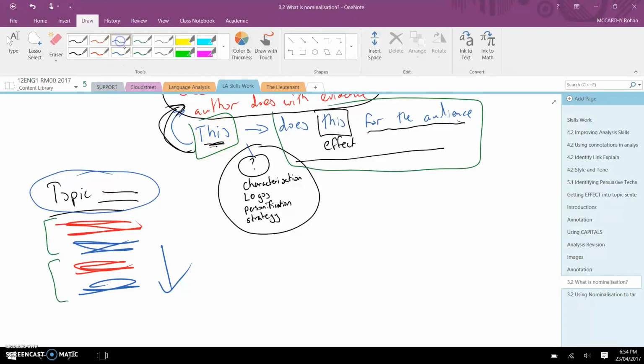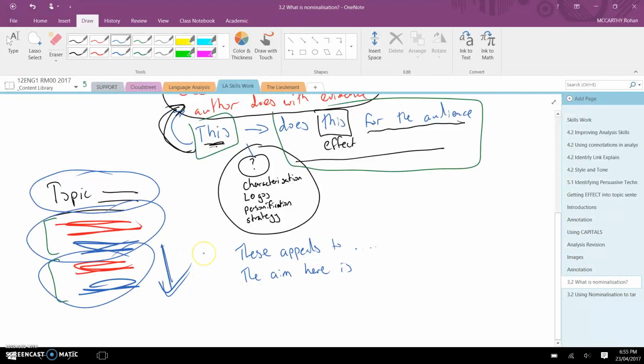It could be, these appeals to, or the aim here is. Okay, so you've got basically these little sections, and you can have as many of those as you like in a paragraph. Probably, you want to really think about having 3 of those under your topic sentence, and then you want to link back to your contention or your purpose. That's how your paragraph works.